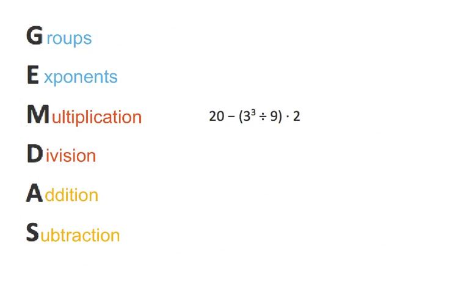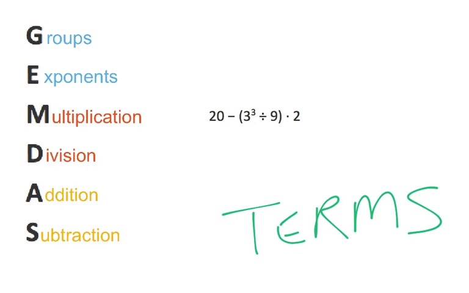So now let's try one more example. First thing I want to do is identify my terms. And remember, terms are separated by, that's right, addition and subtraction. So how many subtraction symbols or addition symbols are in this expression?